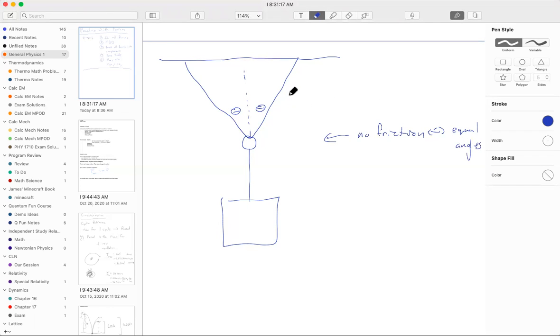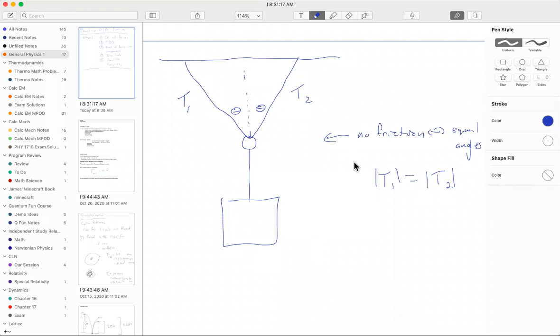It also means that if I label these T1 and T2 for the tension on these two ropes, the magnitude of tension 1 is equal to the magnitude of tension 2. They just differ in that one goes to the right and one goes to the left, but they have the same size force. Okay.